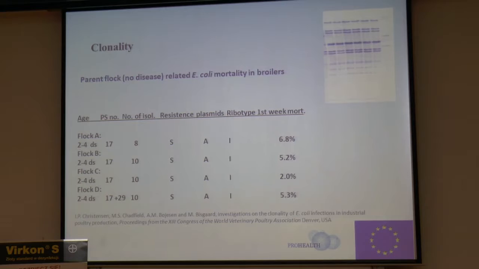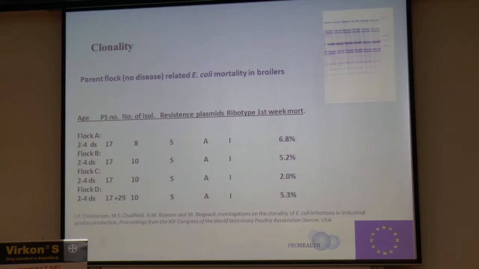Are some subtypes more suited than others, etc.? So we gathered some data more than 10 years ago from parent flocks in the broiler production, where no specific disease or increased mortality was observed. But we saw some high mortality in the broilers after these breeders.